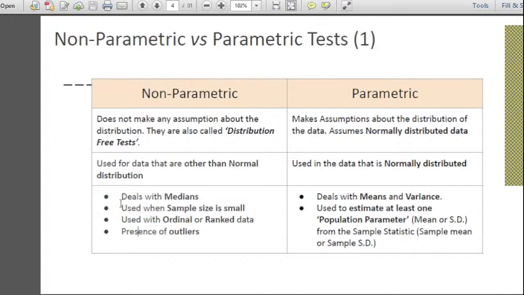Okay. Now I think I missed this point: a non-parametric test deals with median and variance. A parametric test is used to estimate at least one population parameter, right? Mean or standard deviation, from the sample statistics, sample mean and sample standard deviation. This point is clear?